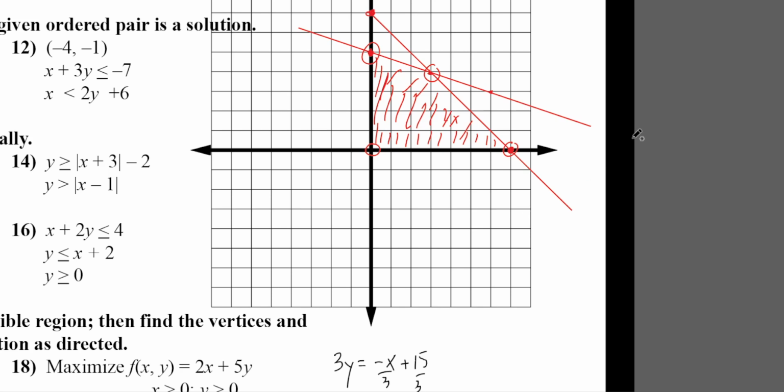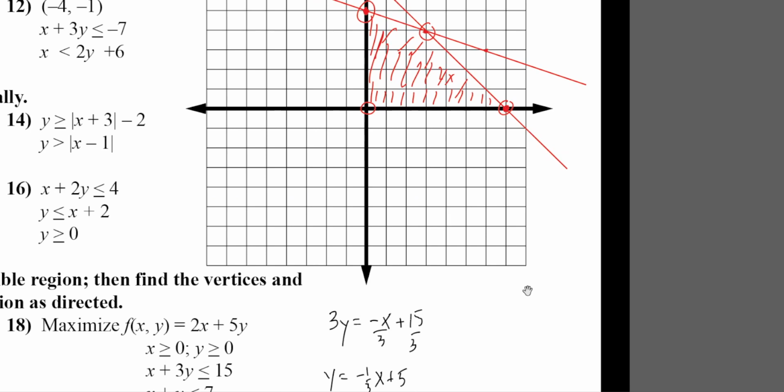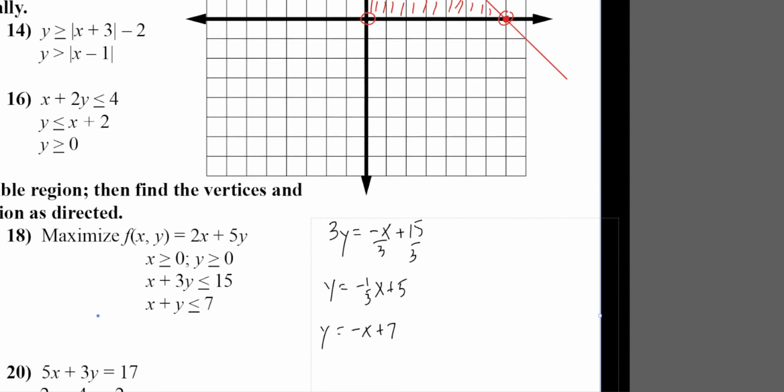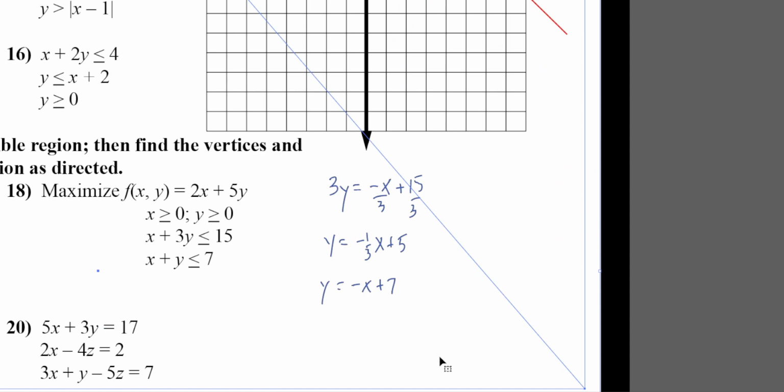So those are my 4 vertices. Vertices is just plural for vertex. All right, so now I just got to figure out what they are. So let's just drop this a little bit. Get rid of some of this writing.